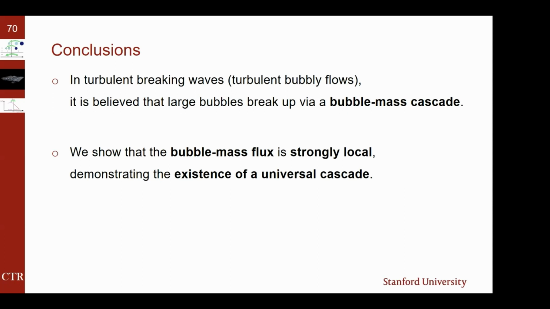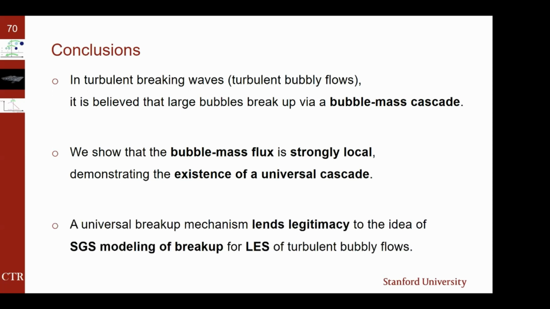And this locality tells us that the cascade is universal. And this universality lends legitimacy to the idea of subgrid scale modeling based on a cascade. And as I mentioned in the last few slides, it doesn't matter if the situation is more complicated. You can always add additional subgrid scale models to account for multiple breakup mechanisms in bubbly flows.